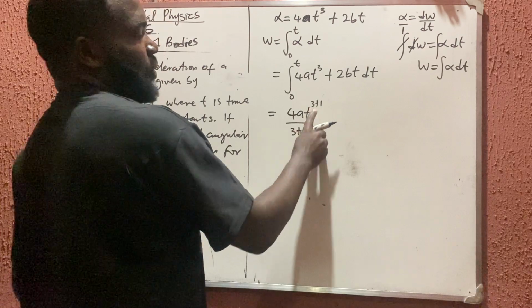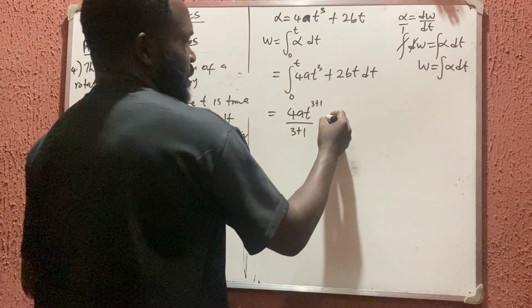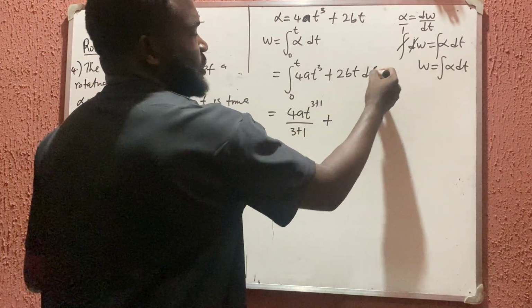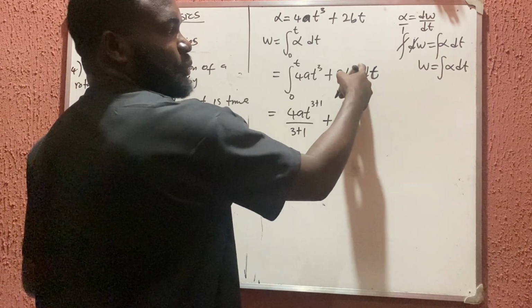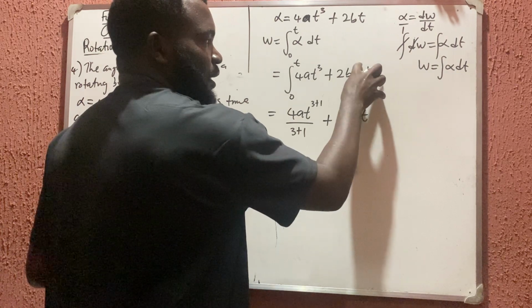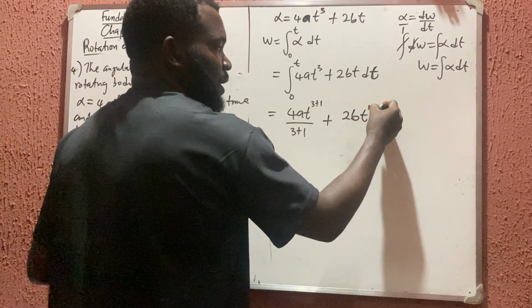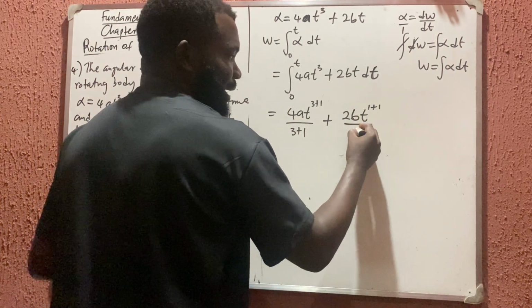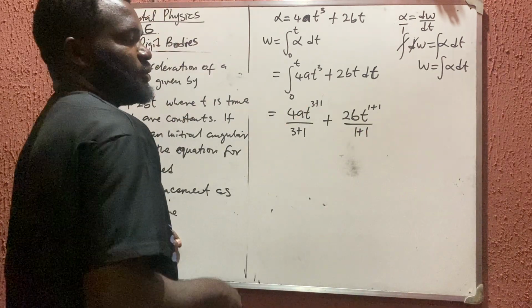And for 2bt, the t alone means t raised to power 1, so I add 1 to the power and divide by the same power. You see, it's very, very simple.